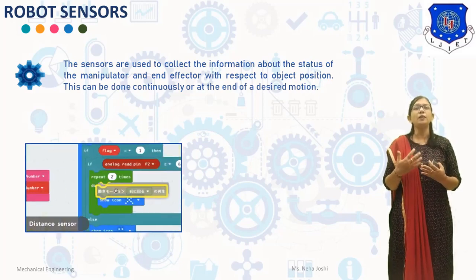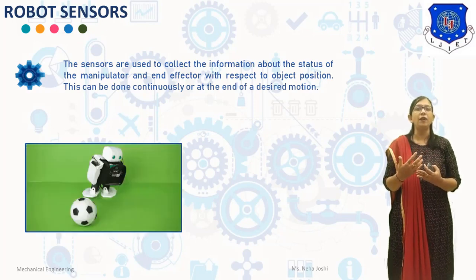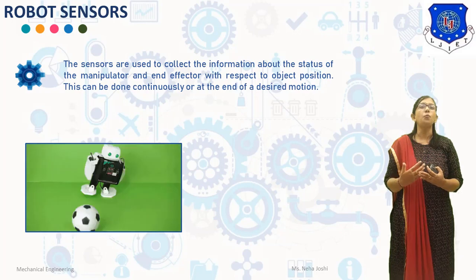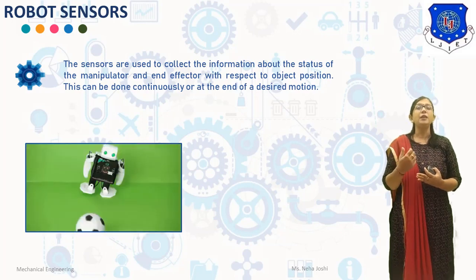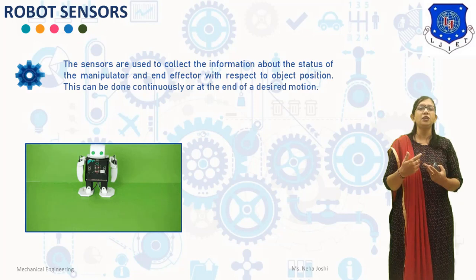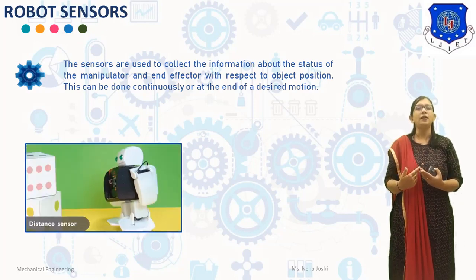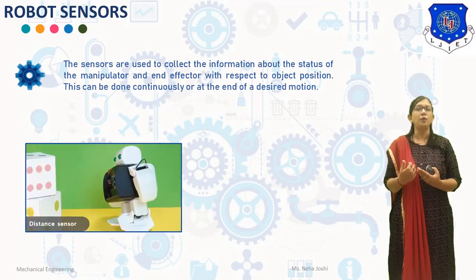Sensors are used to collect information about the status of the manipulator and effector with respect to object position. This can be done continuously or at the end of a desired motion. The sensor collects information like instantaneous position, velocity, and acceleration of various links and joints of the manipulator.